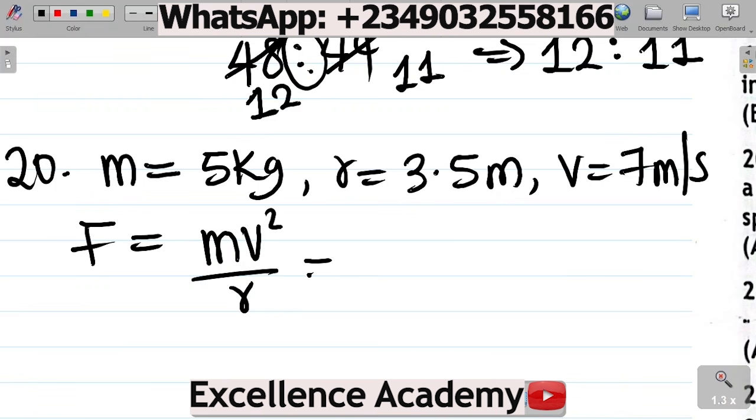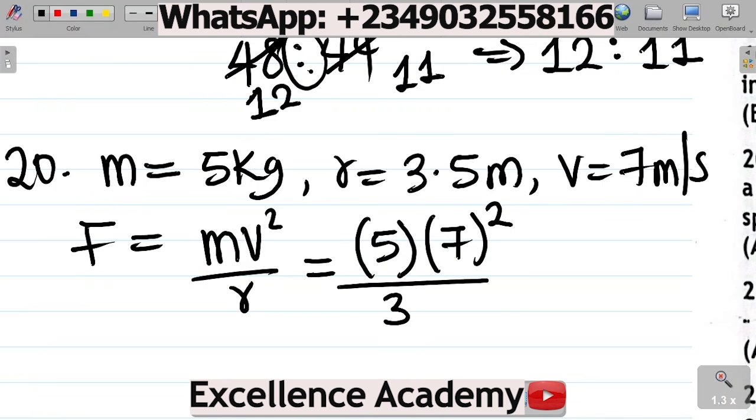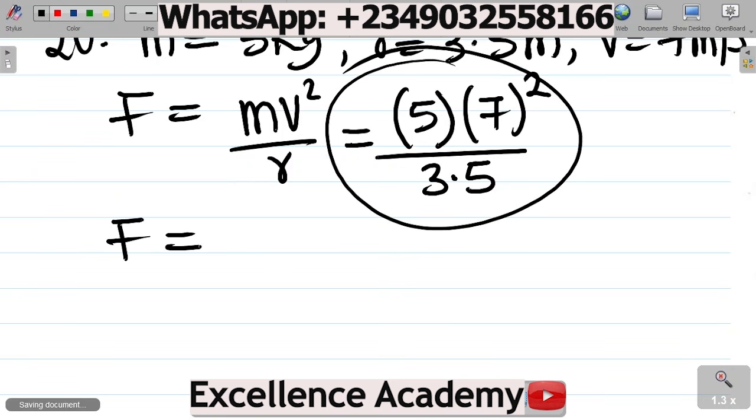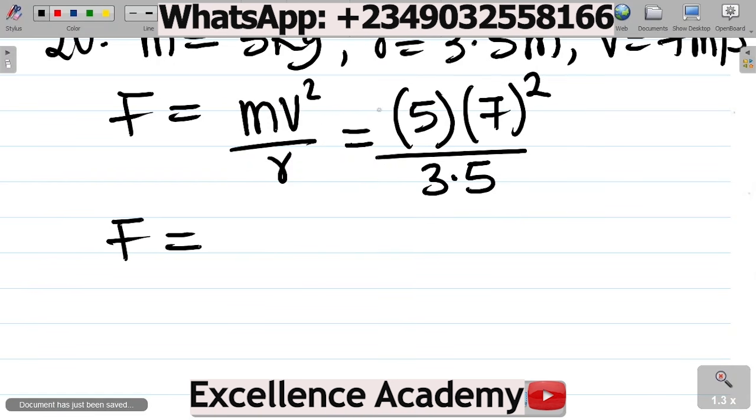Mass is 5, velocity is 7, and r is 3.5. So F is equal to 5 multiplied by 7 squared all over 3.5. If you punch this correctly, your answer will give you 70 Newton. That's the value of the force.